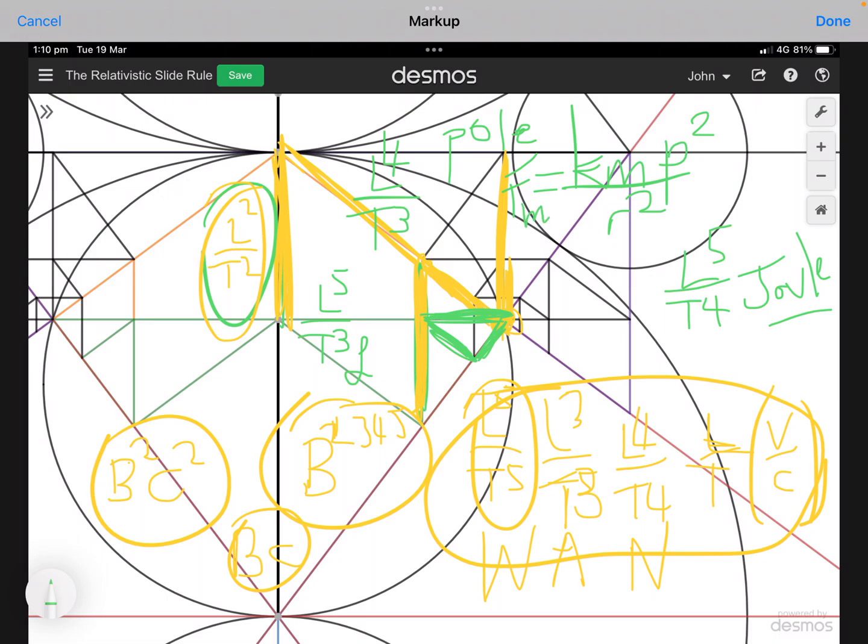And notice that's actually like spin. You've got angular momentum, you've got torque, which is the joule, and you've got linear momentum. So anyway, something's definitely spinning off that way.